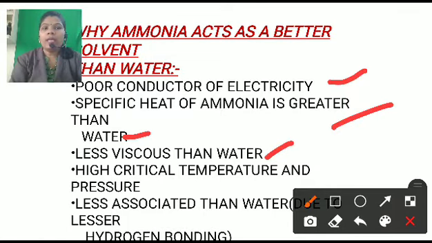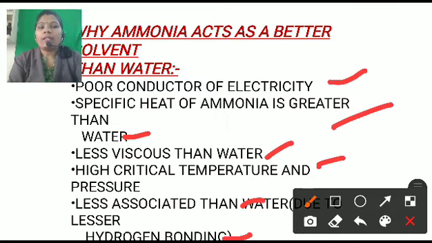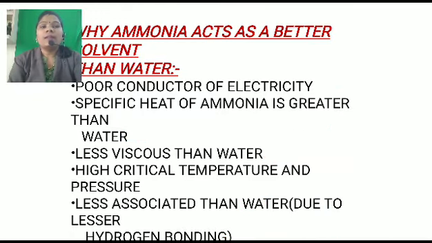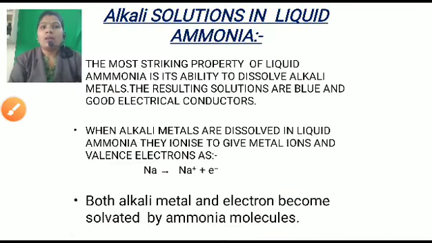It has a high critical temperature and pressure. It is less associated than water and has less hydrogen bonding. Due to this reason, ammonia acts as a better solvent than water.